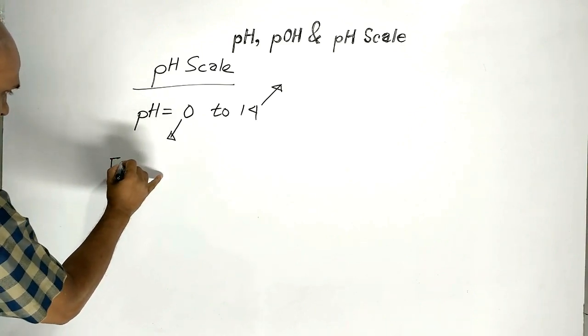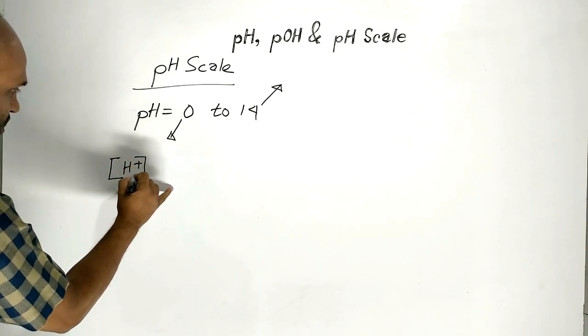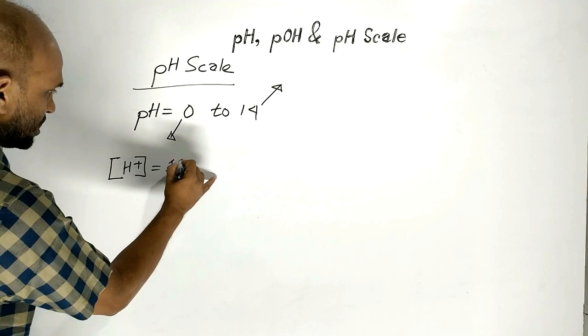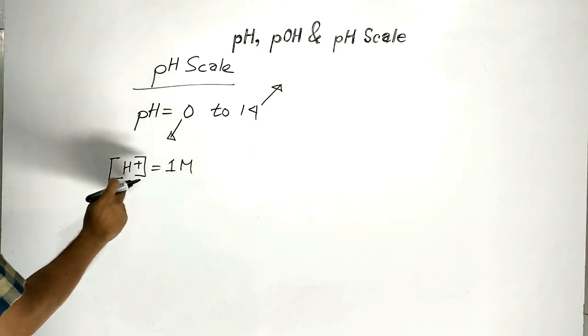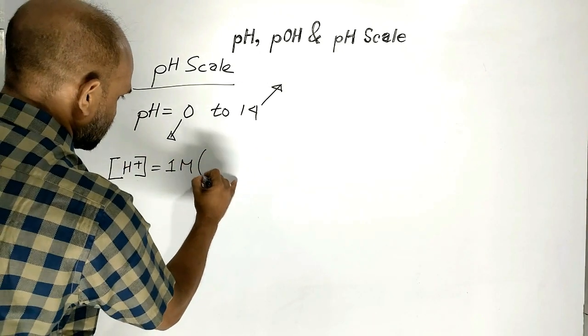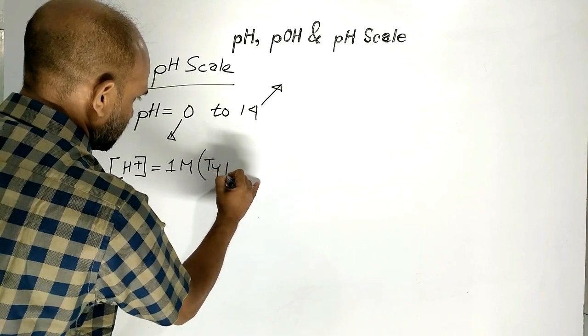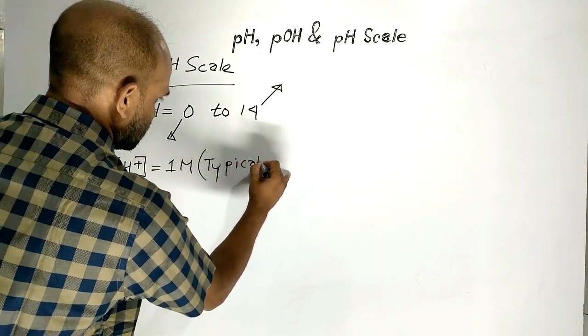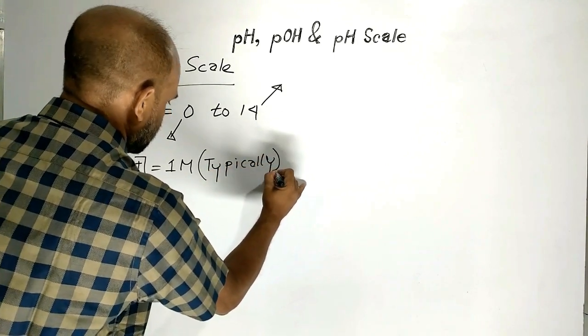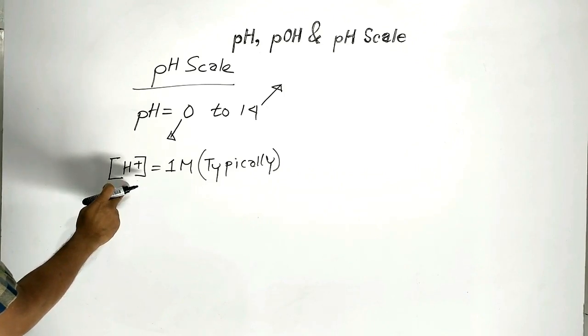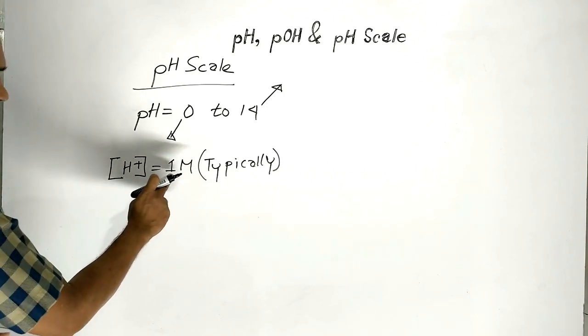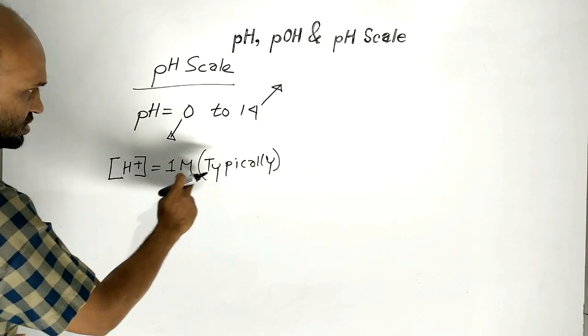When concentration of proton is 1 molar. In laboratory, generally concentration of hydrogen ion is maximum 1 molar.